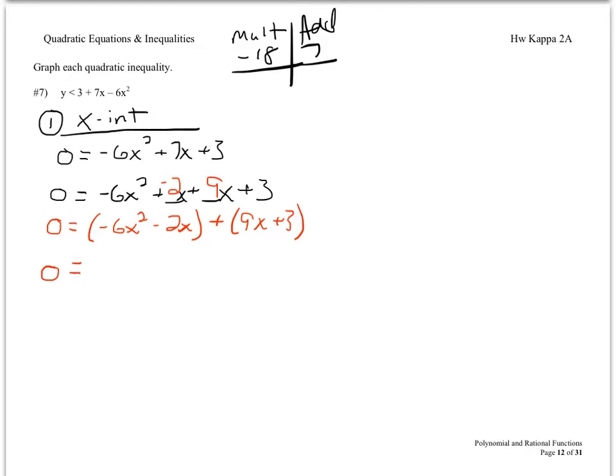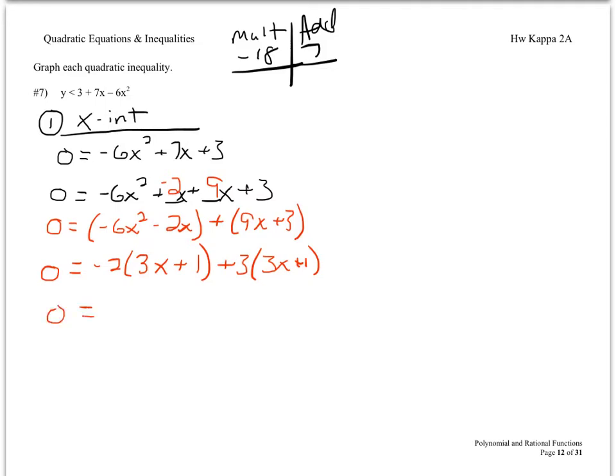Continuing the factoring by grouping, find the GCF of each group. The GCF of the first group is -2x, the GCF of the second group is 3. Then look at your 2 terms. They both have a 3x plus 1 in common.